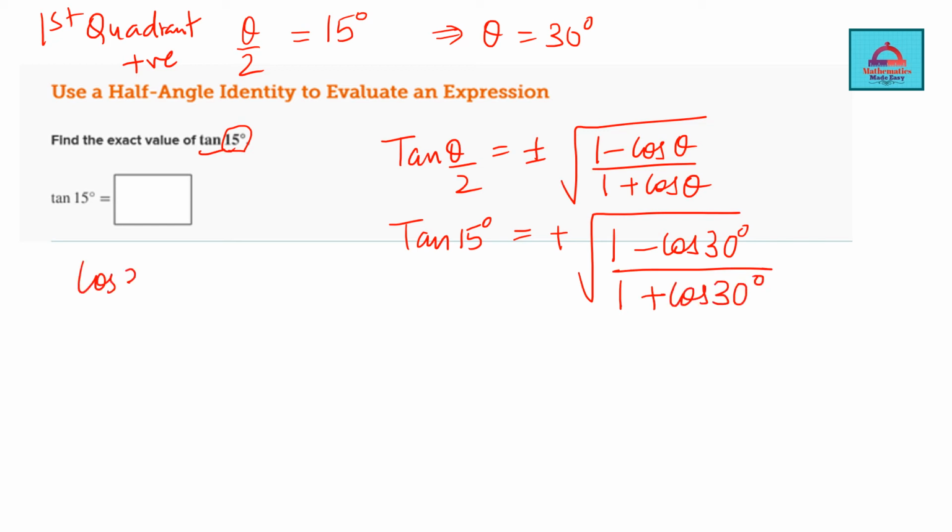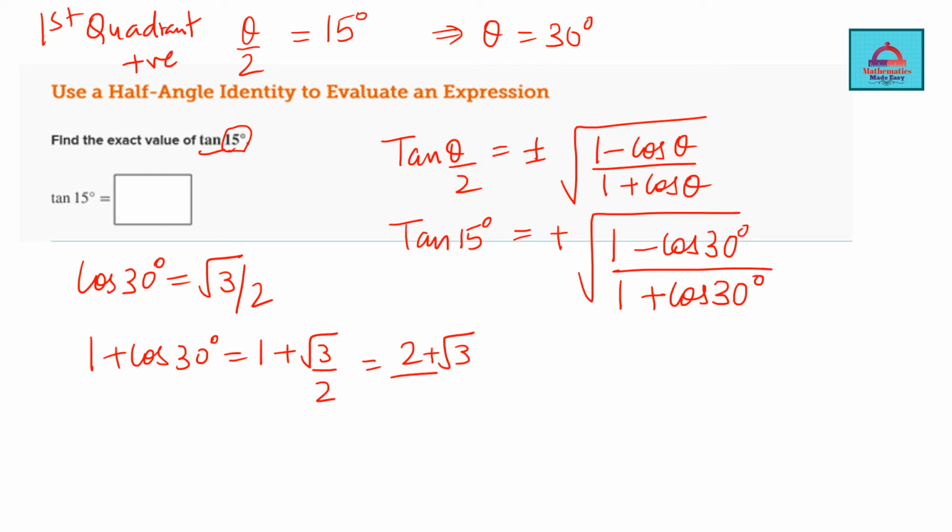Now cos of 30 degree is a standard angle which is root 3 by 2. So 1 plus cos of 30 would come out to be 1 plus root 3 by 2 which is 2 plus root 3 by 2. And similarly 1 minus cos of 30 would come out to be 2 minus square root of 3 by 2.